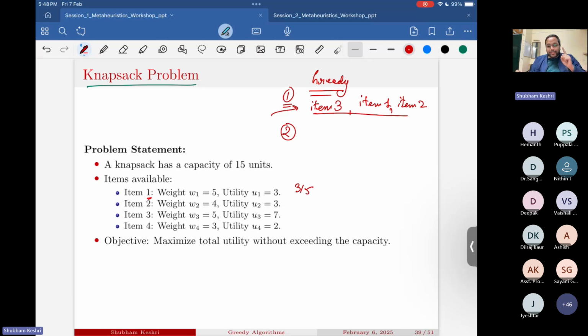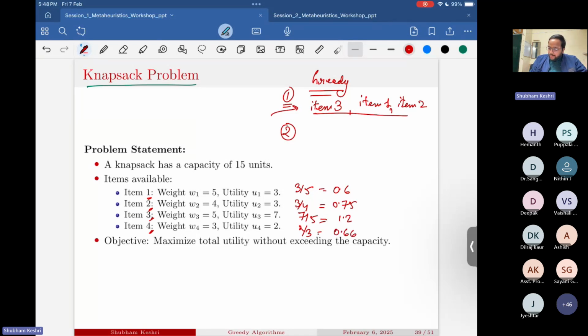That is, for each unit of weight, I am getting a utility of 3 by 5 for item 1. For item 2, I am getting a utility of 3 by 4. For item 3, I am getting a utility of 7 by 5 for each unit of item 3. And for item 4, I am getting a utility of 2 by 3. Right? Is it okay? So this becomes 0.6, this becomes 0.75, this becomes 1.2, and this becomes 0.66.